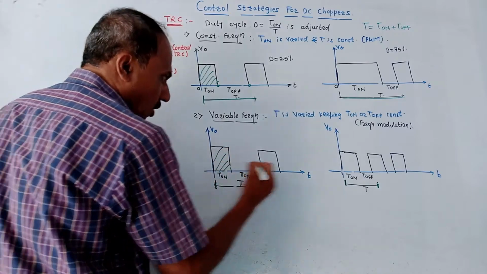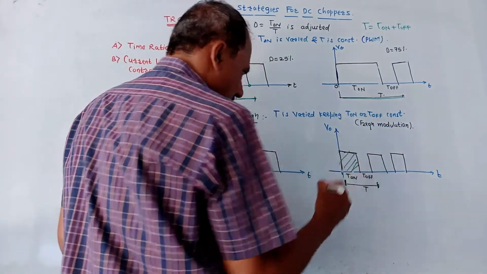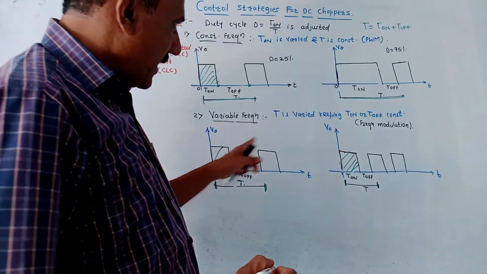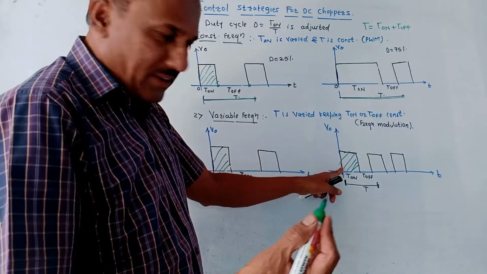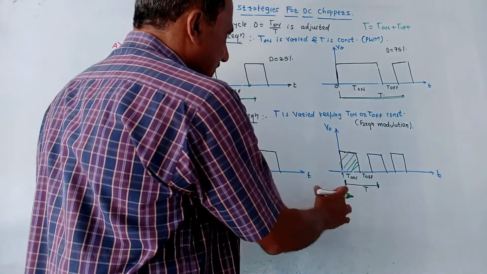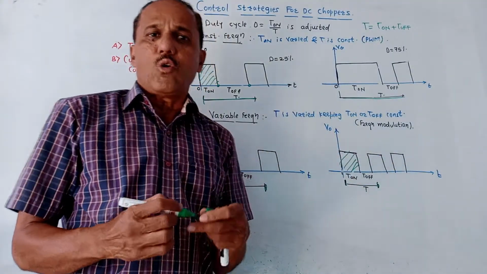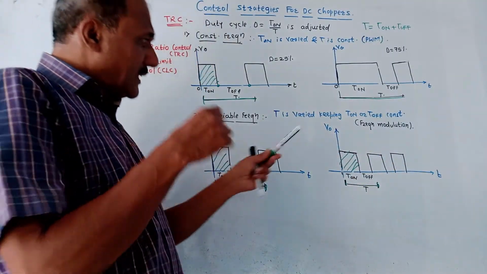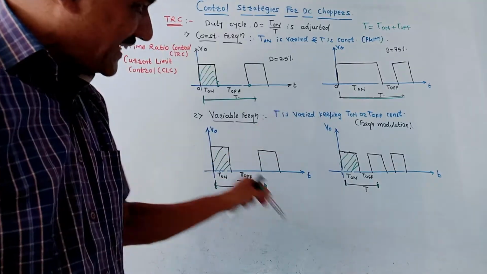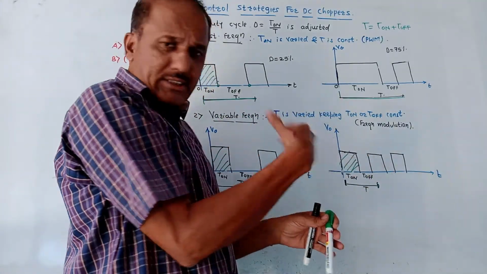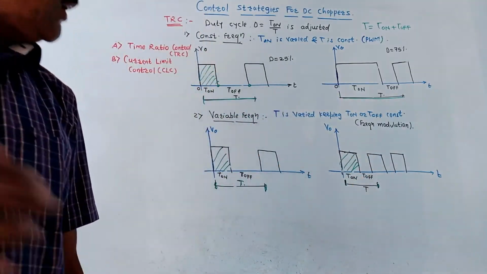This value of T on is kept constant. That means we have kept T on constant instead of keeping T off constant, and total T is varied. So accordingly, the output voltage can be controlled. This is called frequency modulation. In the diagram, T on is kept constant. We can as well keep T off constant.